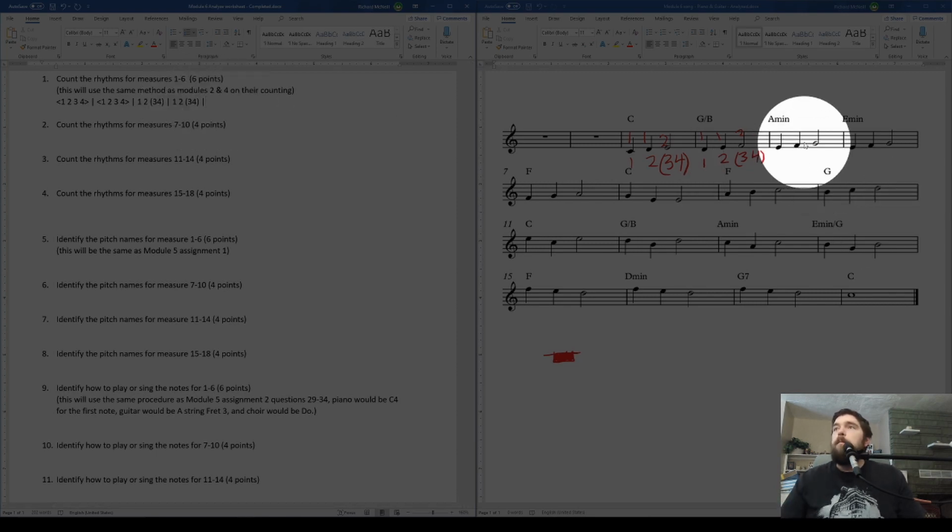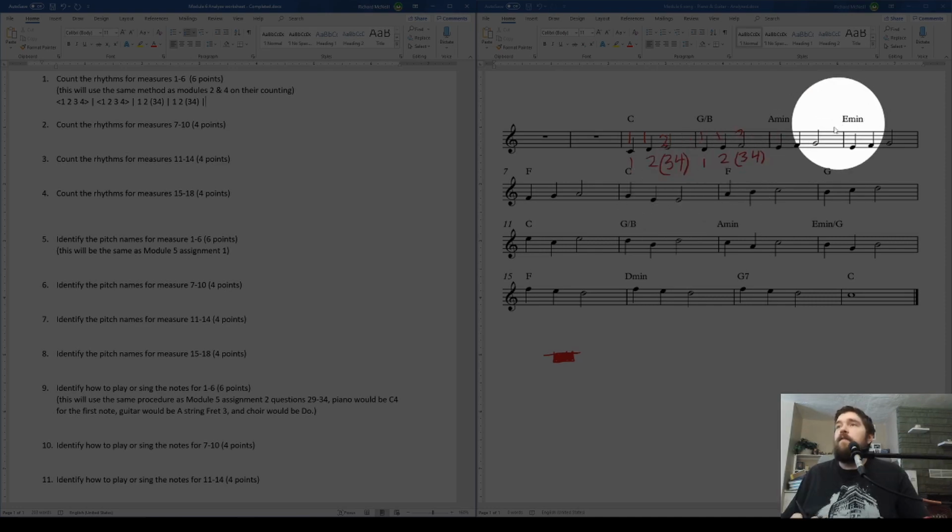Okay, now that I've done that, I go on. This is now measure 5. It's the exact same rhythmic pattern that we had before. 1, 2, 3, 4 together.